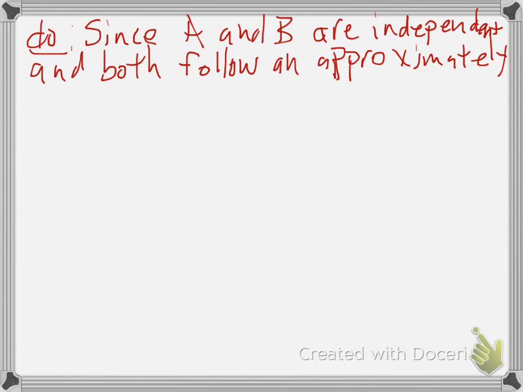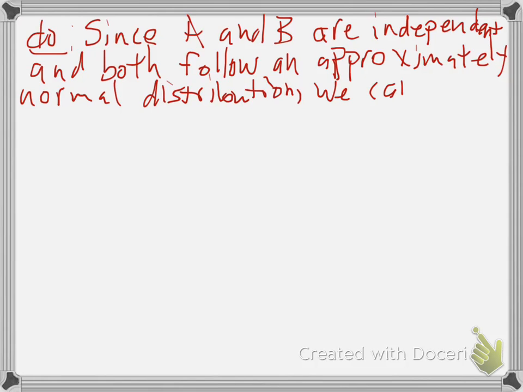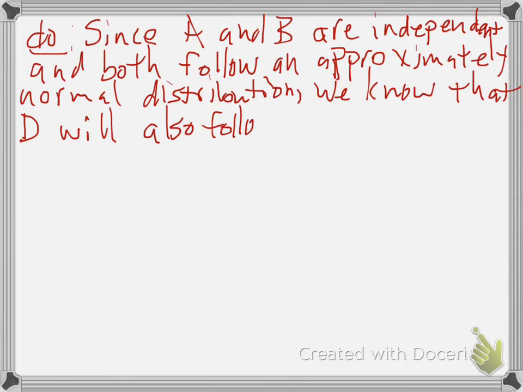And since both follow an approximately normal distribution, we know that D will also follow an approximately normal distribution.